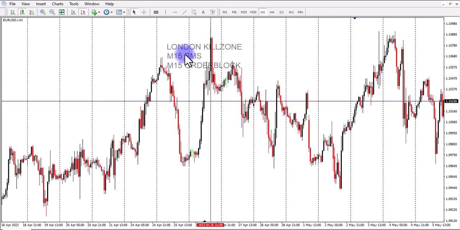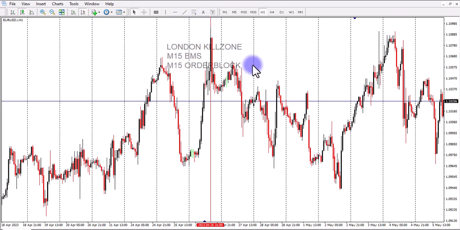If you are looking at your chart right now, you can clearly see this text: London Q zone, M15 BMS. If you are new to this channel, this is break of market structure, M15 order block. These are the things that you're going to be using to enter if you are using a London Q zone strategy. And if you are going to be using any other strategy, what we are going to be explaining on this higher time frame also applies to you.